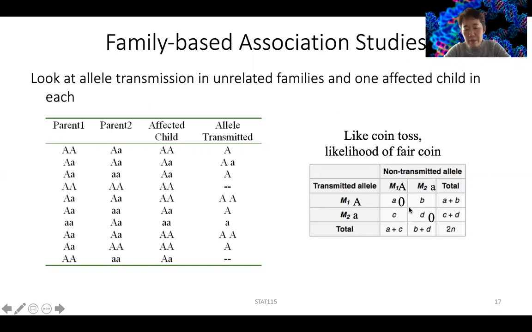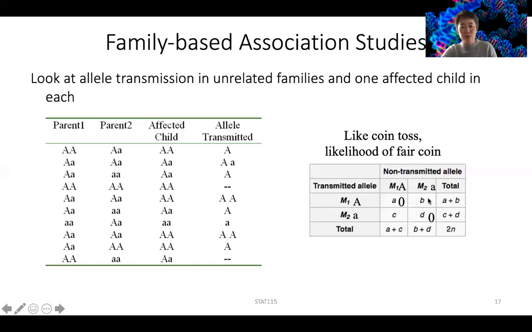By the way, these two numbers are always zero, so it doesn't really matter in this case. Whereas here, you are asking, what is the count of the transmitted allele: if you transmitted the small a, then you didn't transmit the big A. How many small a's do you get?